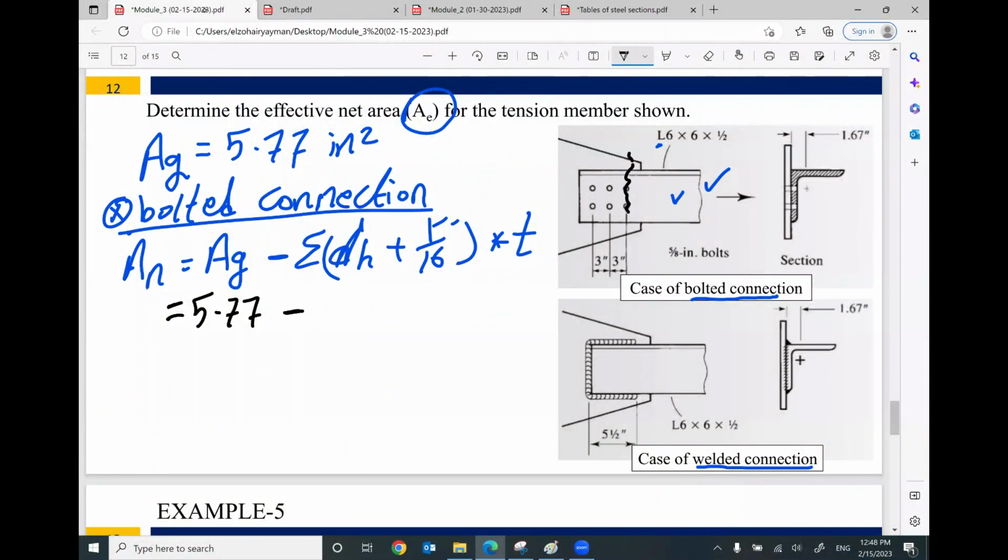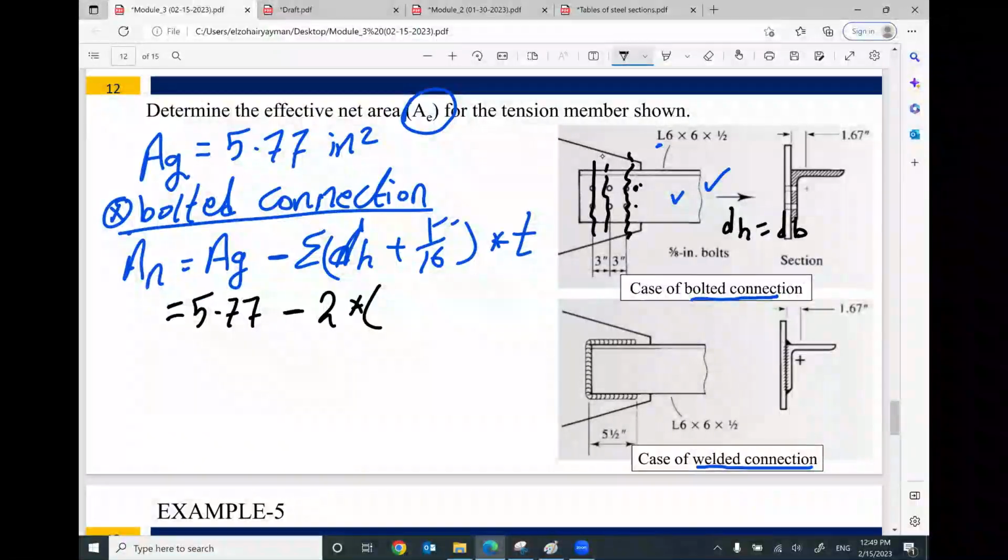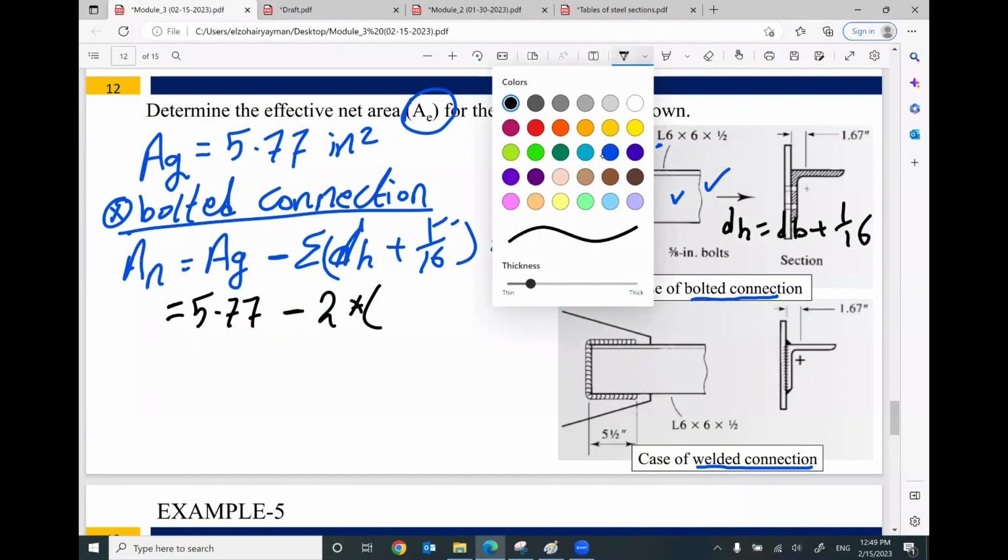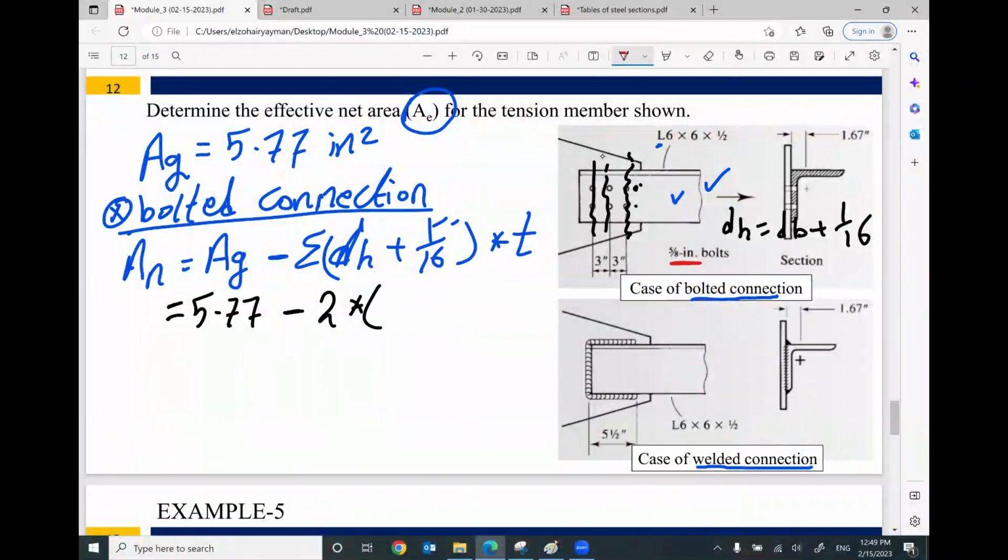I will do a section here, section here, section here. It will be 2. Summation means we have 2 holes, this one and this one, times the diameter of the hole. Your d hole equals d bolt plus 1/16. Your d bolt is given, the diameter of the bolt 5/8, plus 1/16 it will be 11/16, plus 1/16 times thickness. What is the thickness of this leg? Your thickness is given here in the name, 1/2.